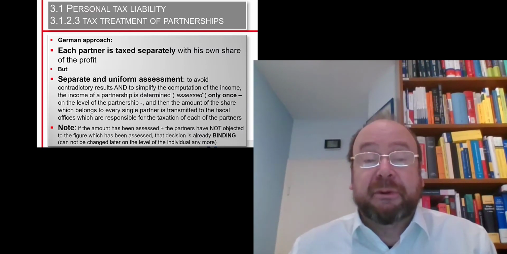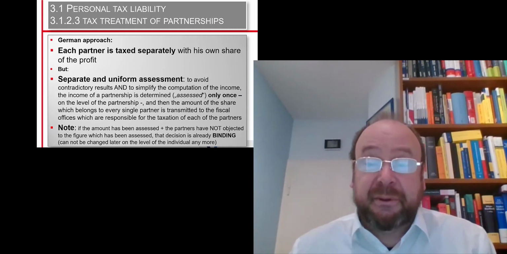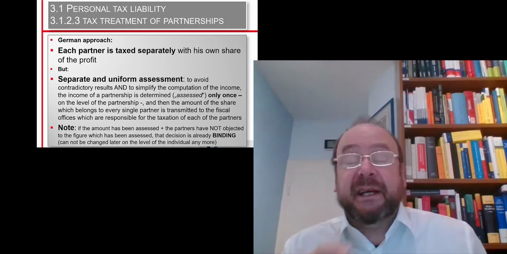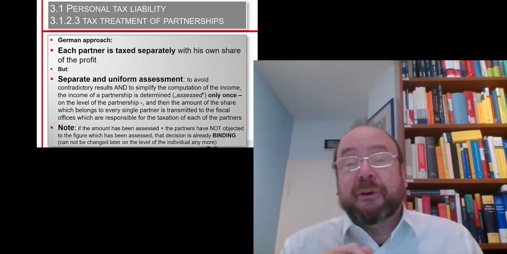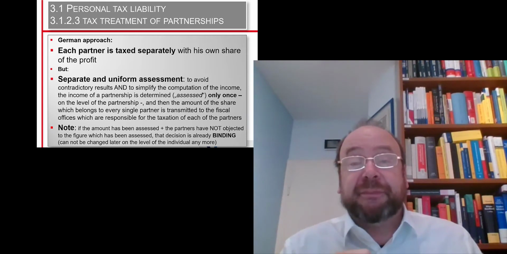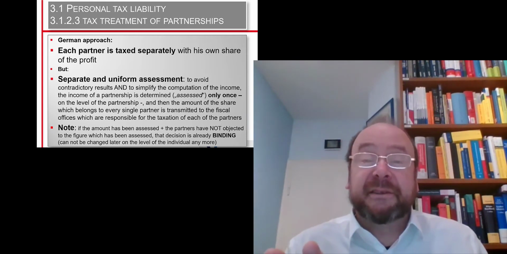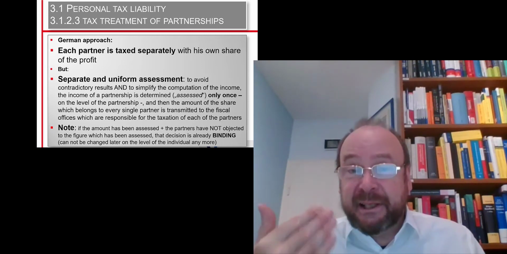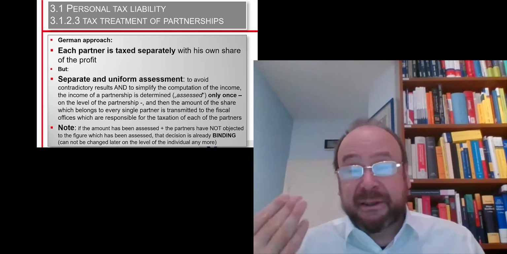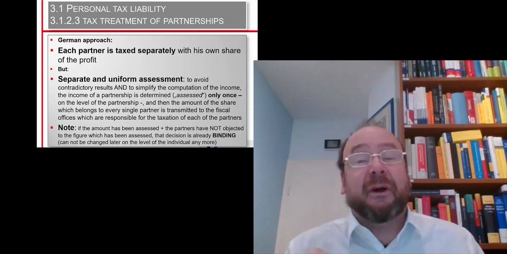The German approach, the transparent treatment of a partnership, ends up with each partner taxed separately with his own share. But as I already told you some videos ago, for reasons of simplification, it makes no sense that if you have a partnership of 100 partners, the profit of the partnership is calculated by each of the 100 partners separately, and that all this has to be checked.